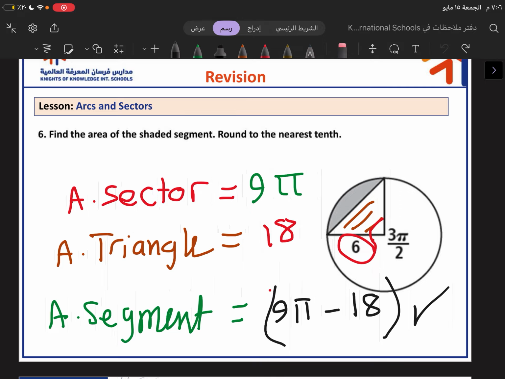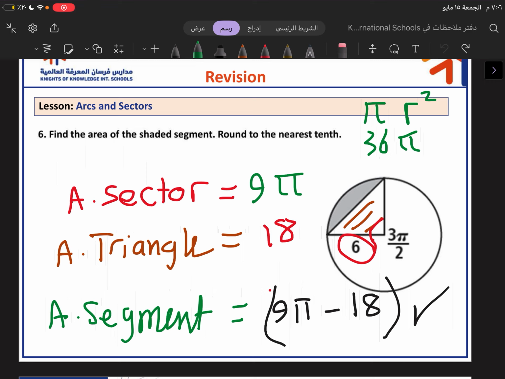Okay, are we good? Again, the area of the sector, I can find it in another way because it is a quarter of a circle. The full circle is pi r square, yes? So it is 36 pi.